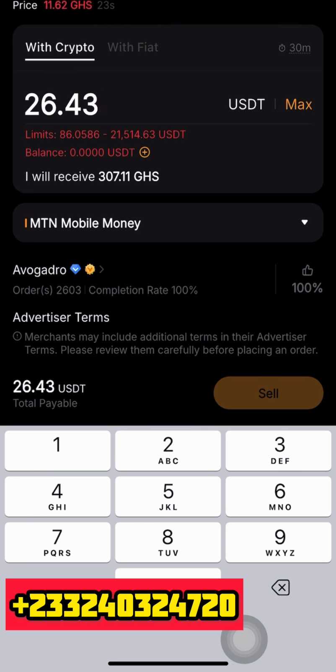So imagine you are doing this 10 times. If you're doing this 10 times, how much are you earning? You're earning 70 Ghana cedis profit on your 300 Ghana cedis. You see that thing? Yeah. And everything is legit. You know, we don't fake over here. Yeah. And those who use it can testify to it.